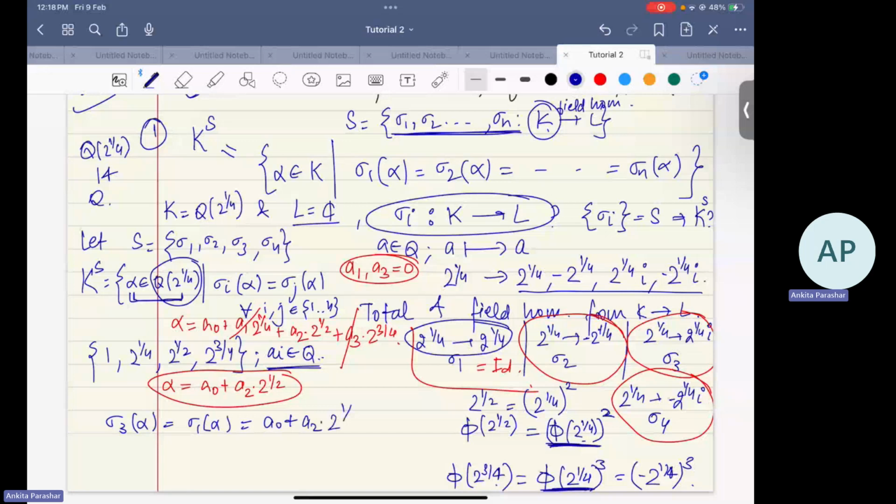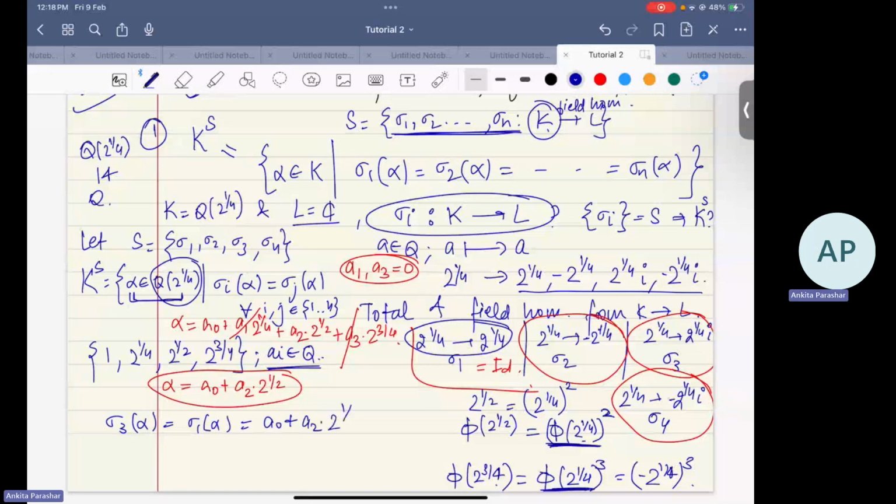Let's look at this again. Sigma 3 of 2 power 1 by 4 whole squared is nothing but sigma 3 of 2 power 1 by 4 squared. Right? This is because of the homomorphism. If I square, the 2 power 1 by 4 goes to, say, i times 2 power 1 by 4, and its square is minus 2 power 1 by 2.